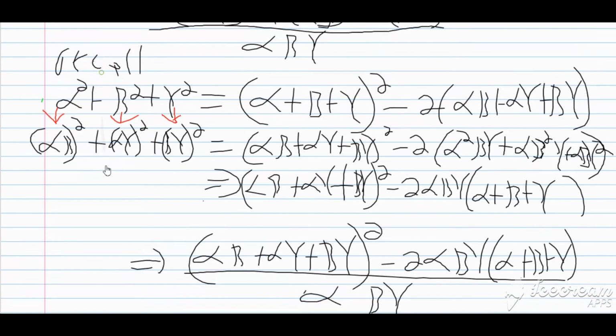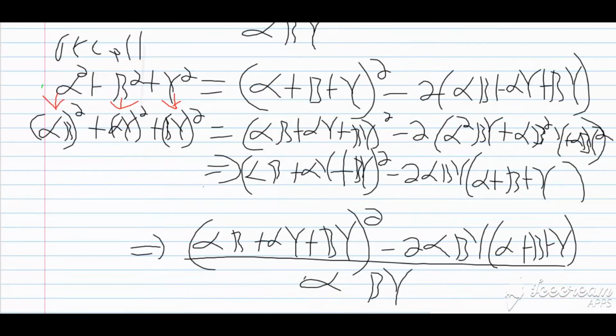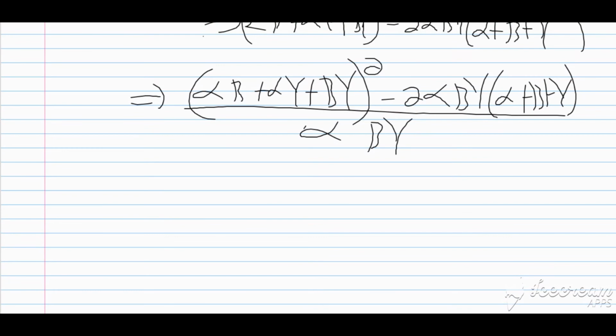We know the values of these from the previous question, so we're just going to plug them in. Bear in mind that the sum of the product of the roots pairwise was equal to 7 over 4.